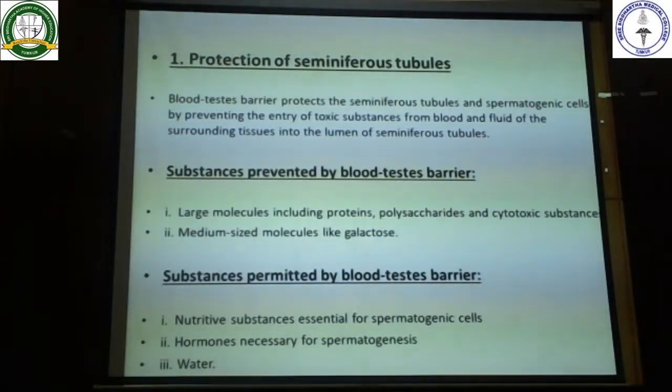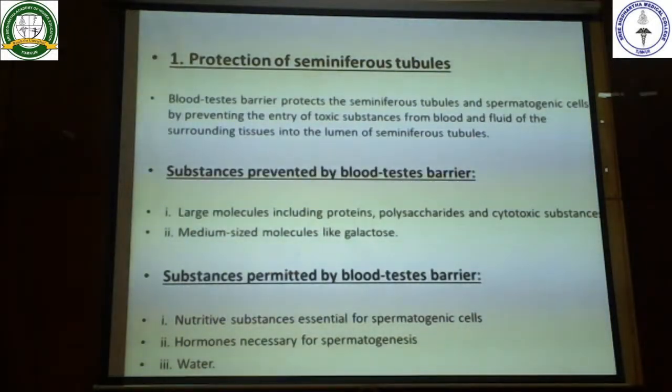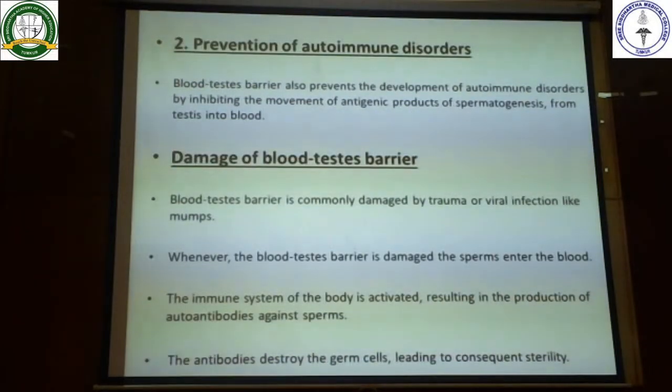So the things which are not allowed are large molecules, including proteins, polysaccharides and cytotoxic substances, and medium-sized molecules, that is galactose. And the things allowed to pass through are the nutritive substances for spermatogenic cells, hormones required for spermatogenesis, and water. Moving ahead to the next function, that is prevention of autoimmune disorders.